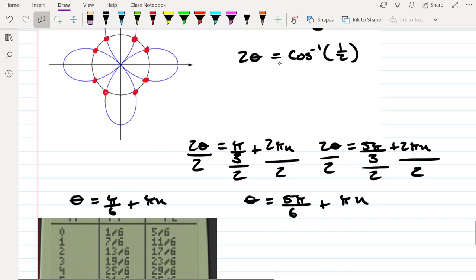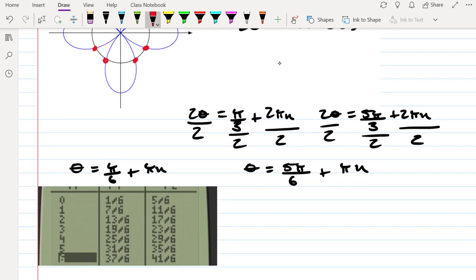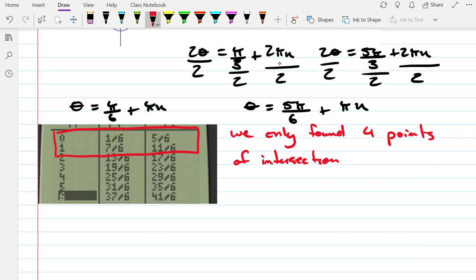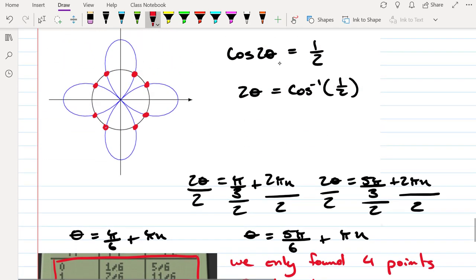So we should have gotten 8 points of intersection. We only found 4. But the graph shows 8. So why did we miss some of these other points of intersection?